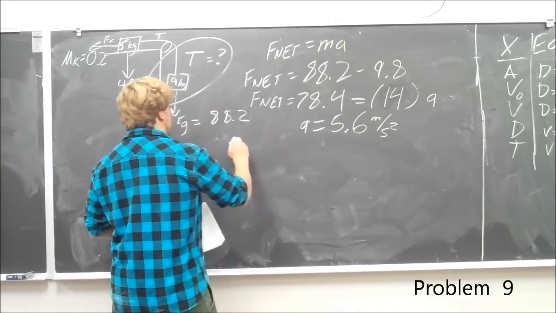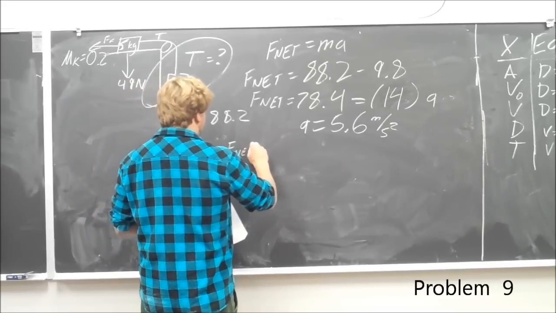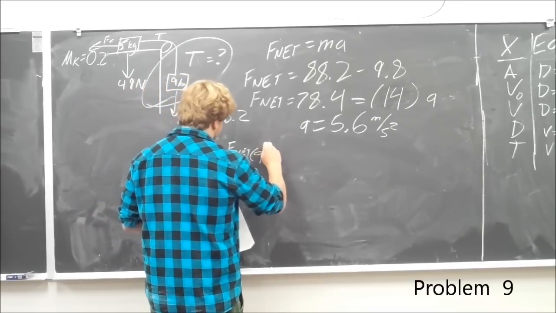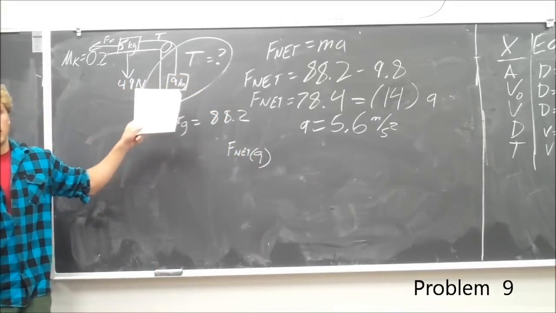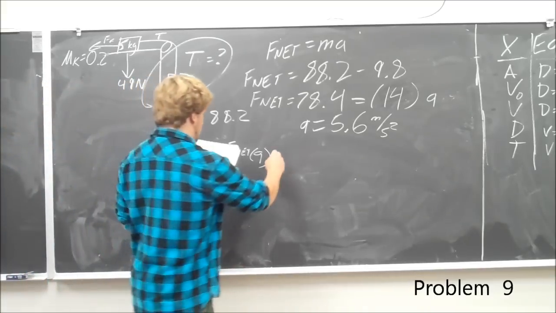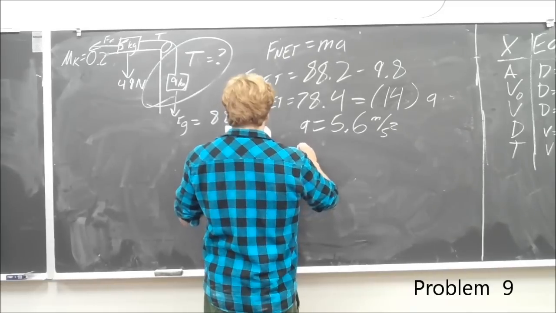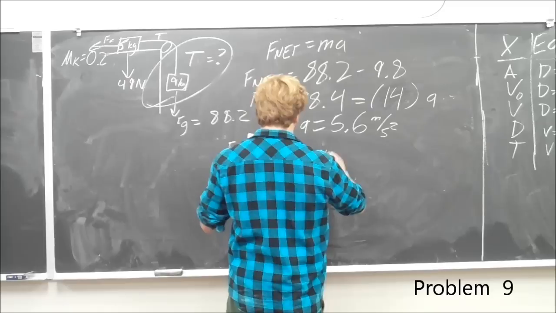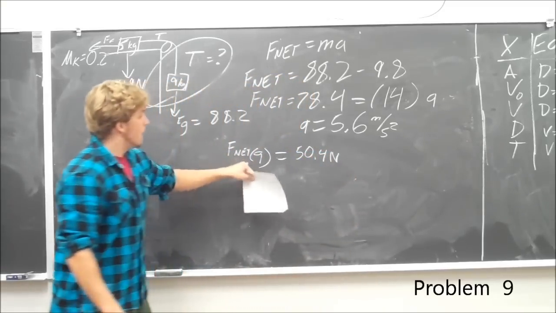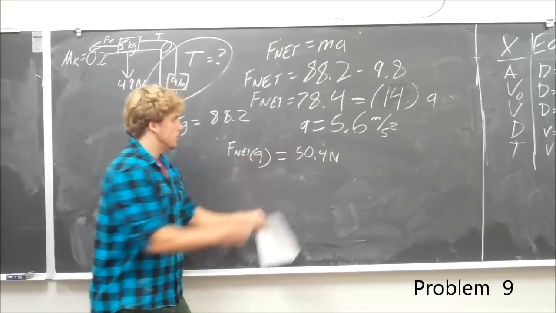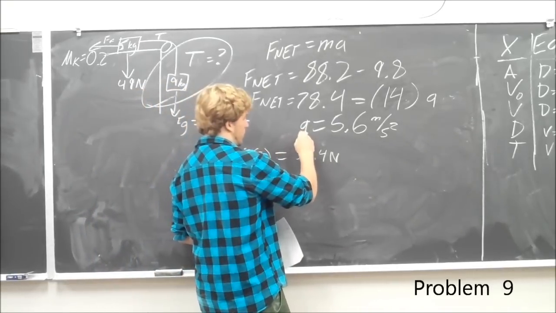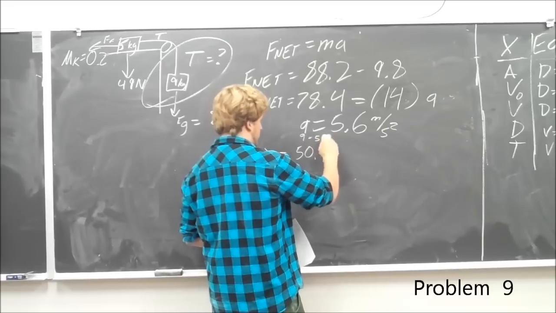So now we have F net of the 9 guy. The F net of the 9 guy is equal to 50.4 newtons: take 9 times this acceleration, 9 times 5.6.